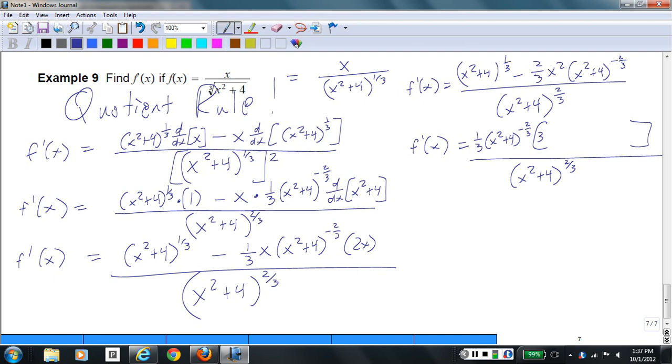So I factored out the 1/3, and then x squared plus 4 to the negative 2/3 plus what equals positive 1/3? 1. So again, we don't have to write the 1. We just have to know that there's an invisible 1 there, if you like. Minus 1/3 times 2 will give us the 2/3.